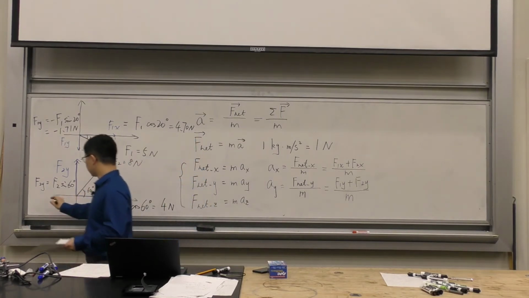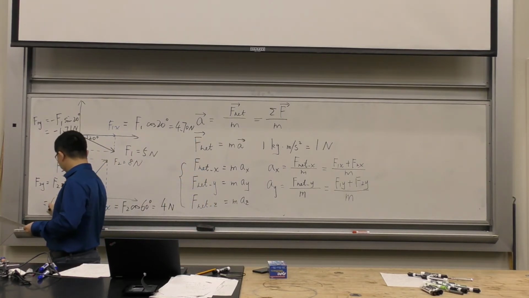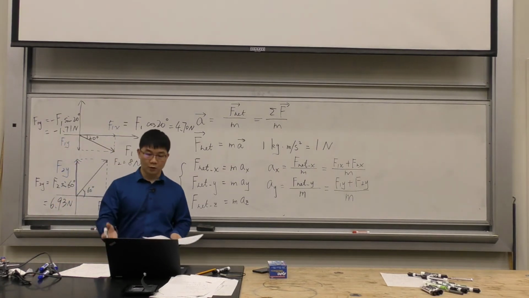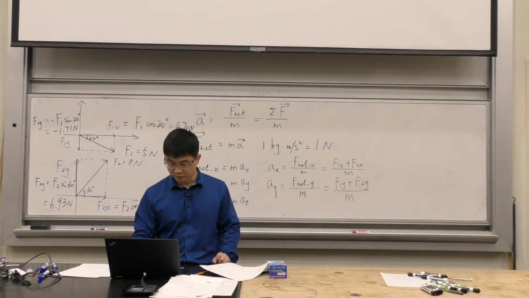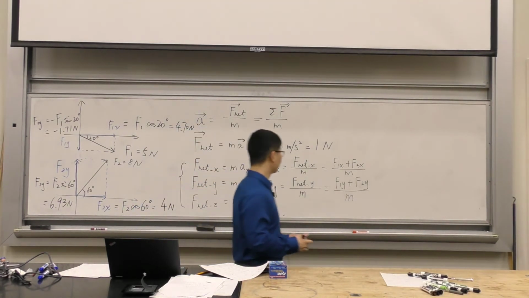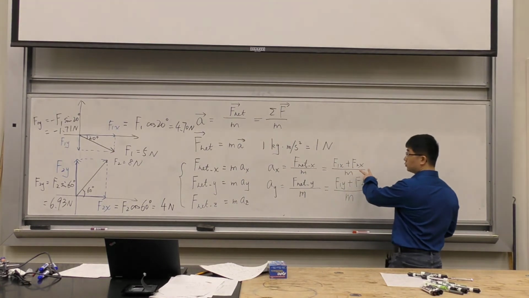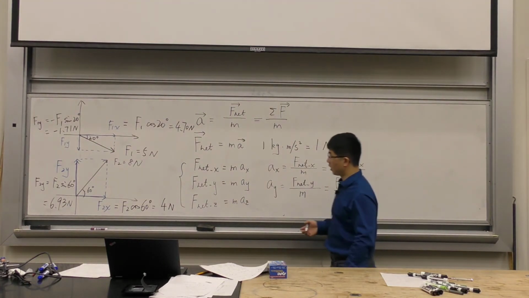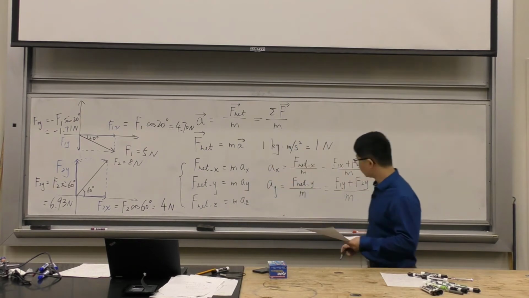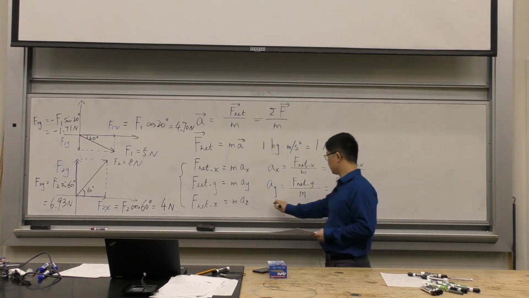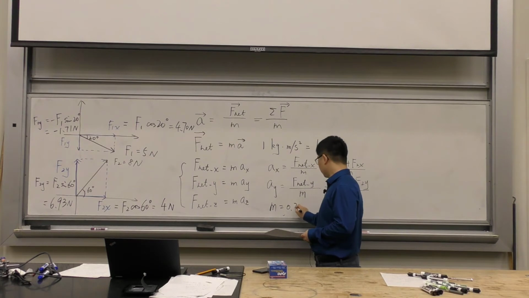This guy 6.93 newtons. Now we can go ahead and find the x and y components of this puck's acceleration. Go ahead and add these two x components. They're both positive, this one and this one. You add them together, divided by the mass, which the problem gives as 0.3 kilograms.